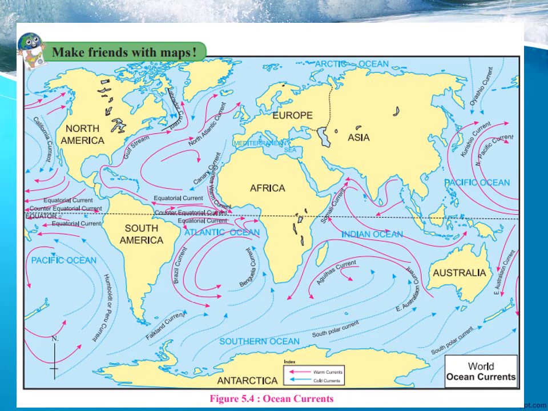What do you call the currents flowing from the poles to the equator? The currents flowing from the poles to the equator are called cold currents.